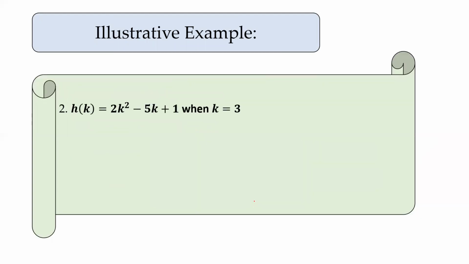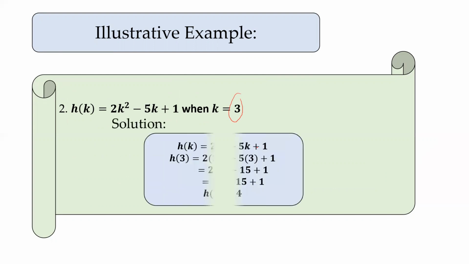All right, let's proceed to the second example. Evaluate h of k is equal to 2k squared minus 5k plus 1 when k is equal to 3. Now, our replacement value of k is 3. The solution would be like this.